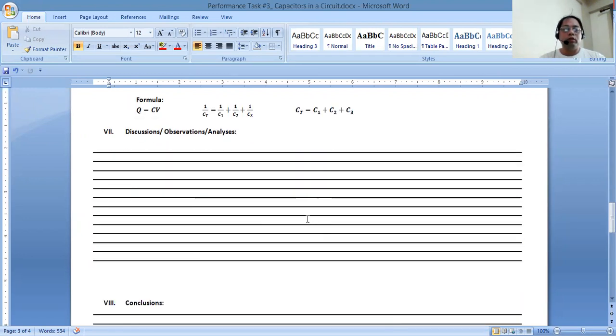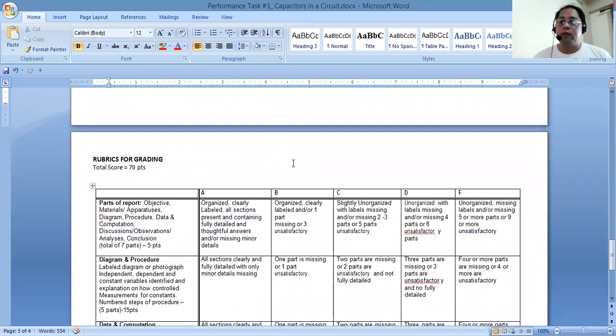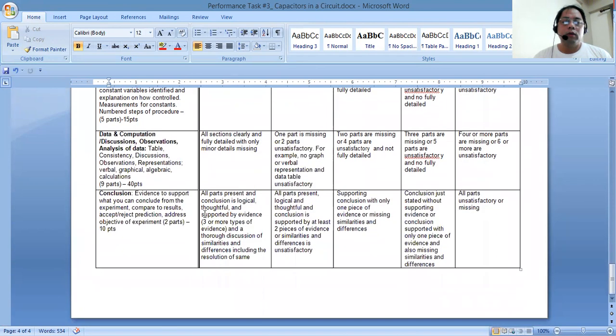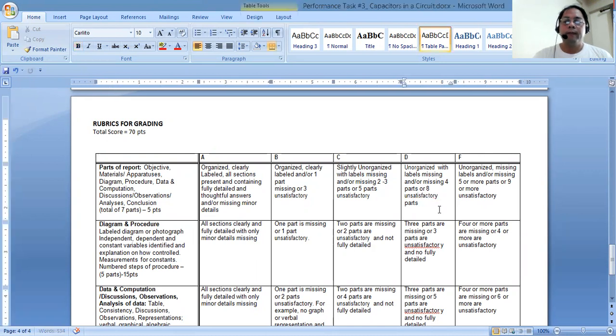Now, the other portions of your lab or your performance task 3 template include your discussions, observations, analysis, and conclusion. Now, you can scroll down to see further how your activity will be graded. So it's a total of 70 points. So you can examine here how you can get the corresponding rating for your work.